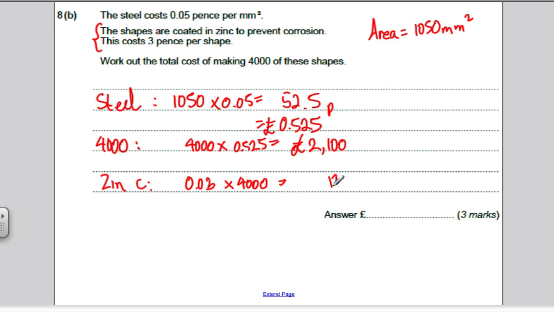Get 120. You add those two up and you would get £2,220, and there we go. Okay, take a look at the next question. Pause the video, have a go.